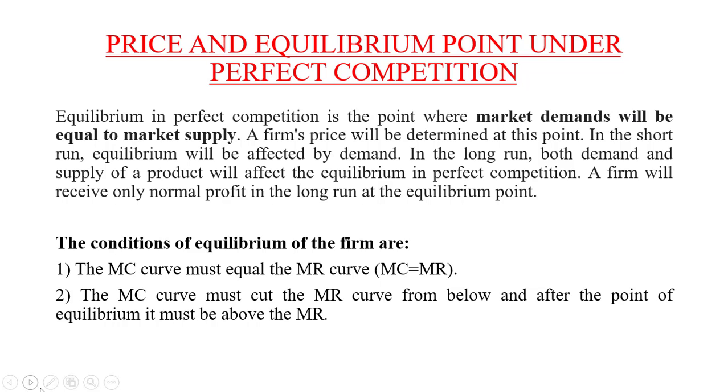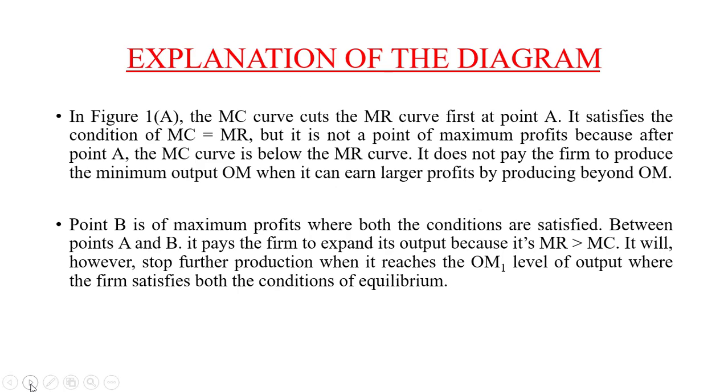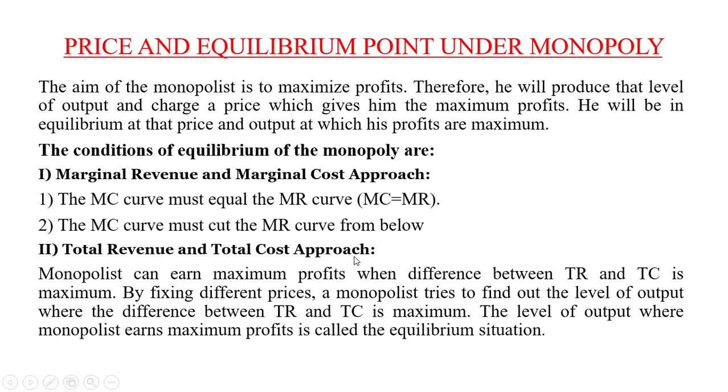In perfect competition also we have the same condition. In monopoly also we have the same condition, but in monopoly we have one extra condition in addition to this, the total revenue and total cost approach. But in perfect competition and monopolistic competition, we have only two conditions, that is MC equals MR and the MC curve must cut MR from below.